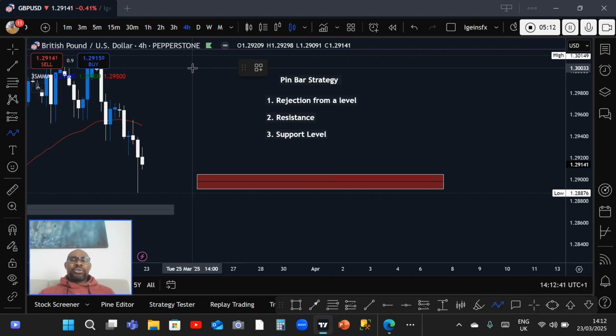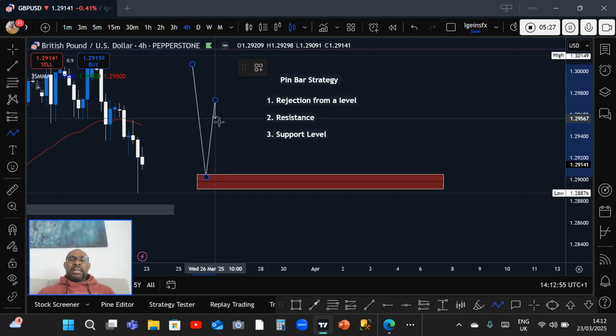Let's say a downtrend now. Price comes to this level, gets here, then you get a rejection. It pushes to this side. It comes again, gets a rejection, pushes up again.